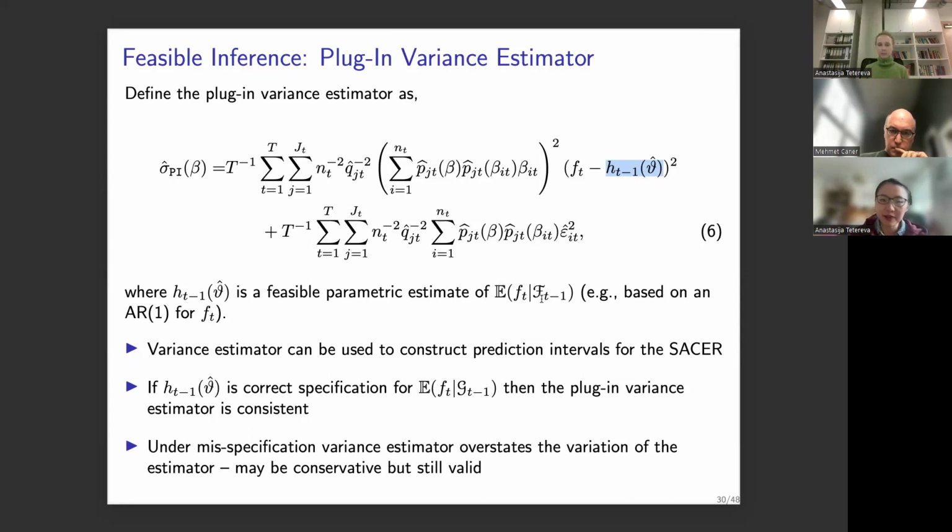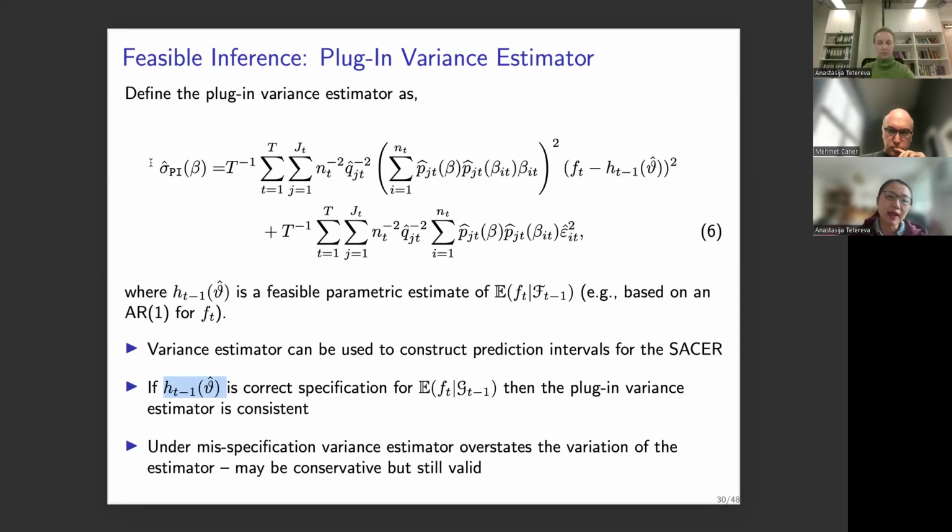So overall, we don't put any assumptions on the DGPs of FT, but only when we estimate this conditional expectation for this variance. Of course, if the parametric form is correctly specified, then the plugin variance estimator is consistent. And under misspecification, the variance estimator overstates the variation.